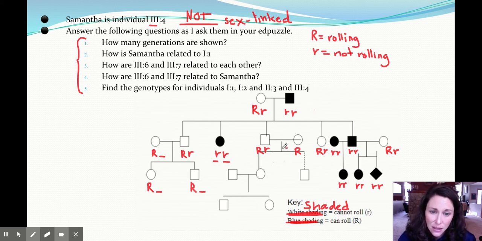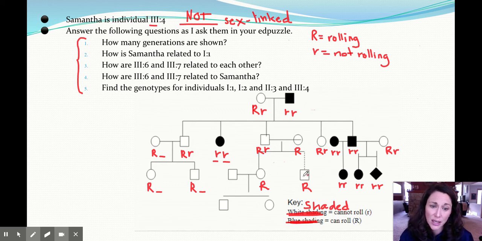Okay, let's take a look over here at this part of the pedigree. This is another individual that married into the family. Their offspring are both able to roll their tongues, so they're going to be big R's. But again, we don't know what this mom's other allele is because they didn't have any offspring who had the trait. If they did, we would know this would be a little r.